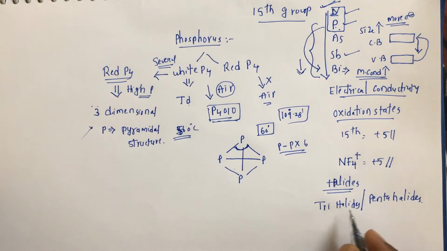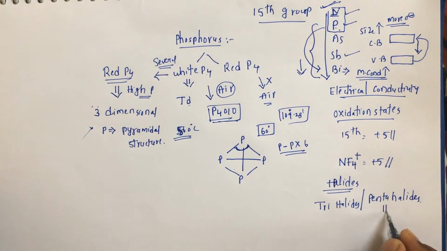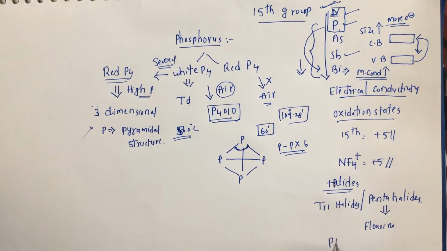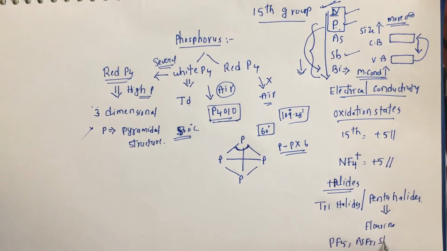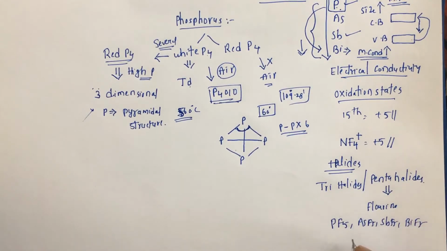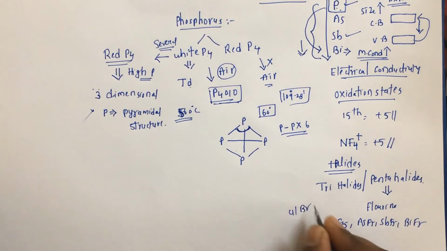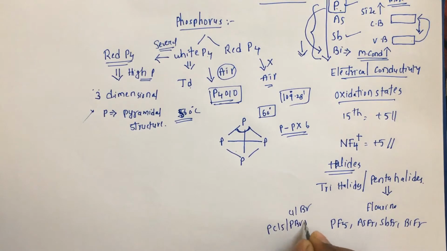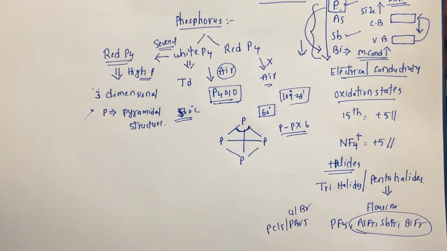Among pentahalides, fluorides are common for all the elements: phosphorus forms PF5, arsenic AsF5, antimony SbF5, bismuth BiF5. But when we talk about other halides like chlorine and bromine, only phosphorus forms PCl5 and PBr5. The other elements also form them, but they are not that stable.